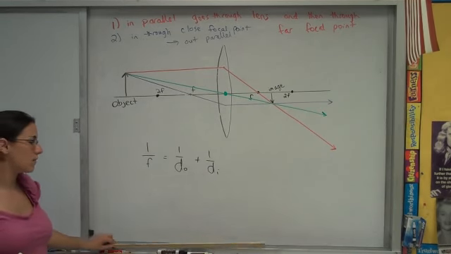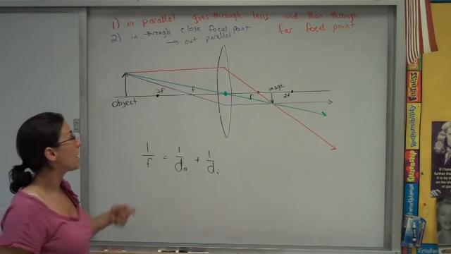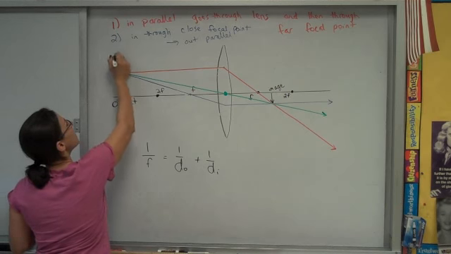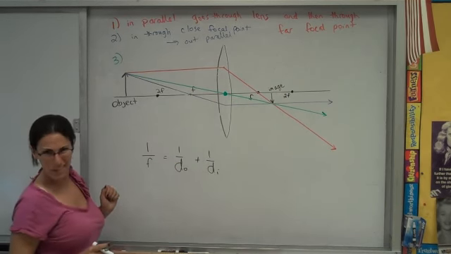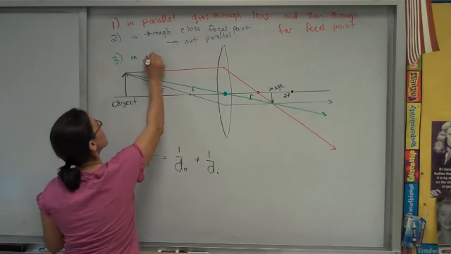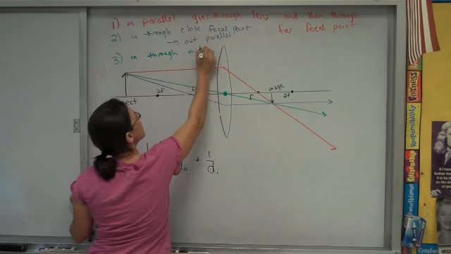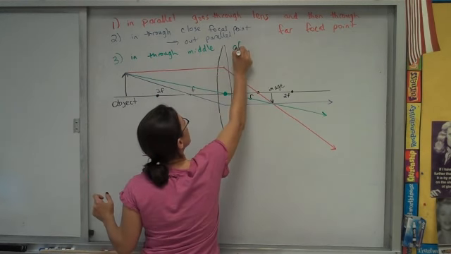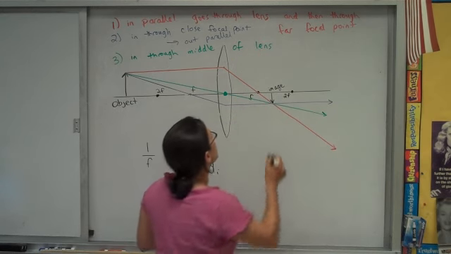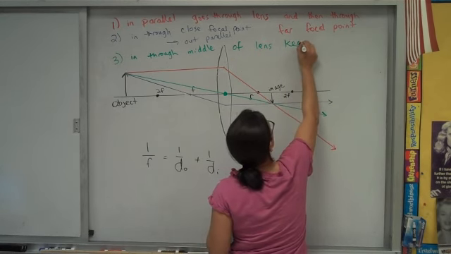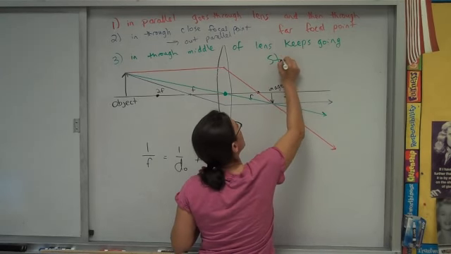And so that's a nice little confirmation rule if you want to do a third rule to make sure you can find the images. The confirmation rule says that light that goes in through the midpoint of the lens, in through the middle of the lens, doesn't really bend, keeps going straight through the lens.